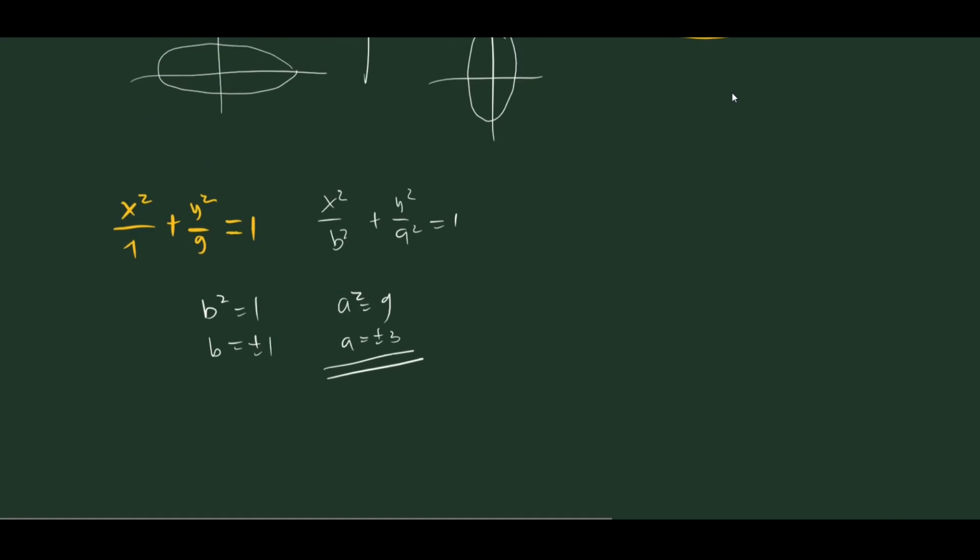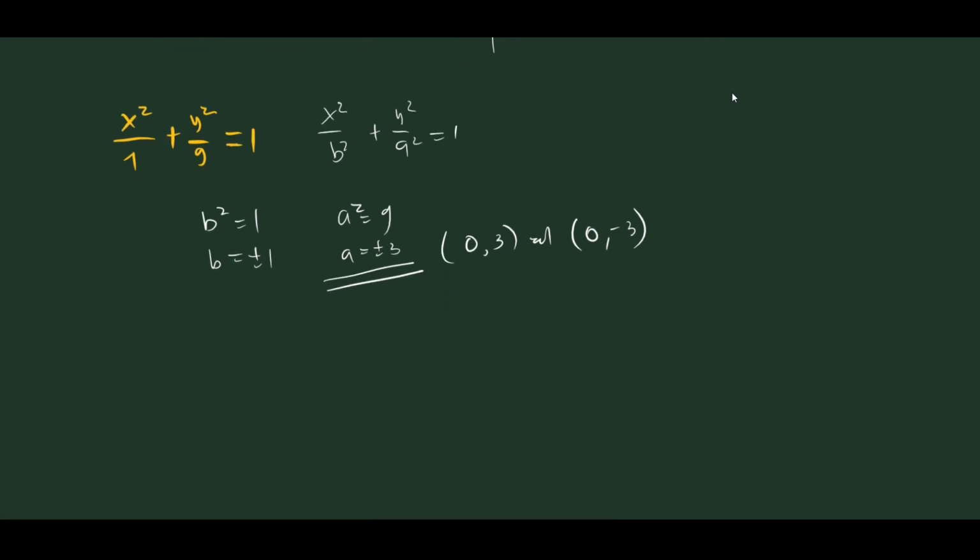We can conclude that our vertices are at 0, positive 3, right? 0, positive 3, and 0, negative 3. Okay? So that is where our vertices are, because our major axis is on the y-axis.